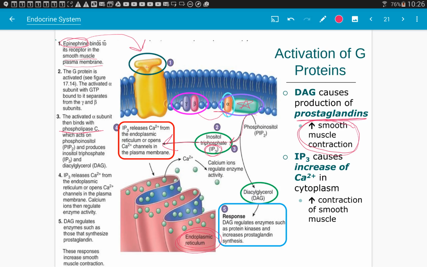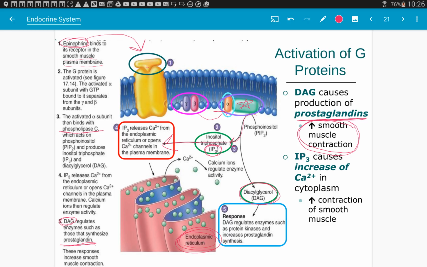Okay? And so calcium, there's 2 places you get it, from the endoplasmic reticulum or from channels outside of the cell. And then over here we have this molecule diacylglycerol, DAG. And so what does DAG do? It's basically regulating an enzyme that makes prostaglandin, which is another hormone.